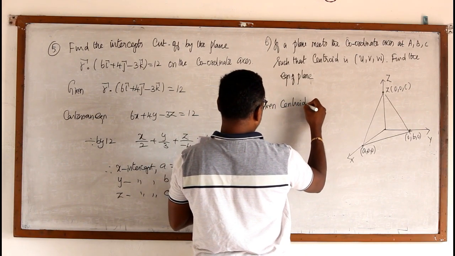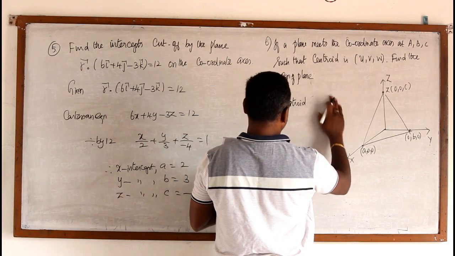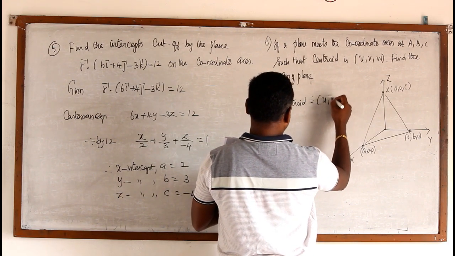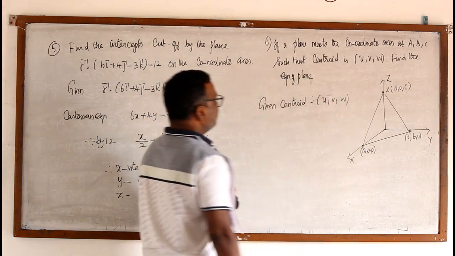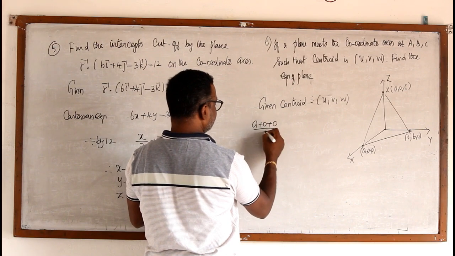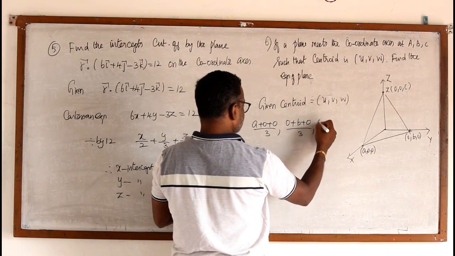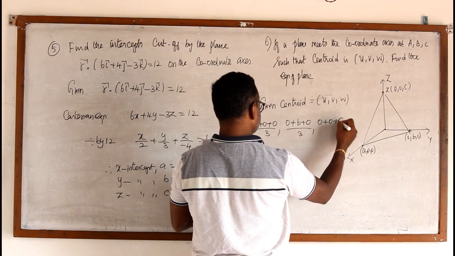Centroid is U, V, W. But we know the centroid is A plus 0 plus 0 by 3, 0 plus B plus 0 by 3, 0 plus 0 plus C by 3.